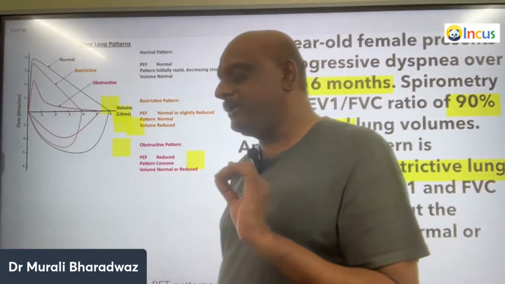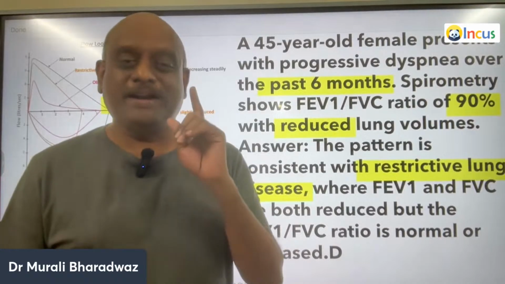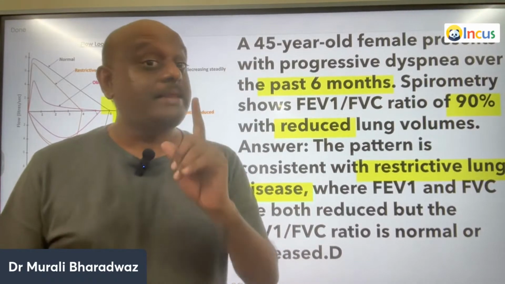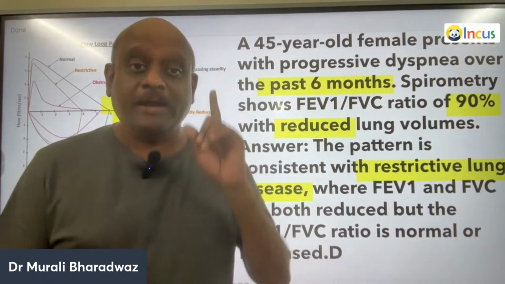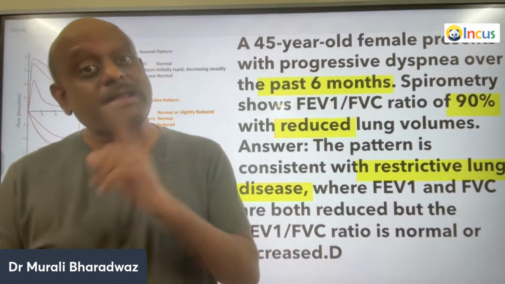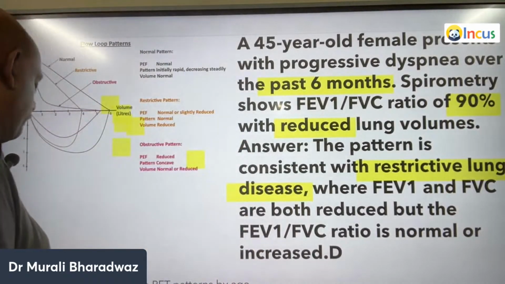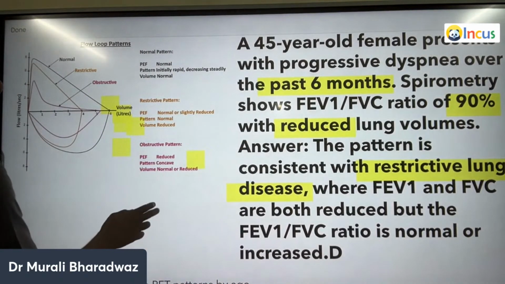So what is most important, doctor? FEV1 by FVC, whenever it is normal, think of restrictive lung disease. FEV1 by FVC significantly decreased, then consider the possibility of obstructive. So this is a very important point that you need to remember.